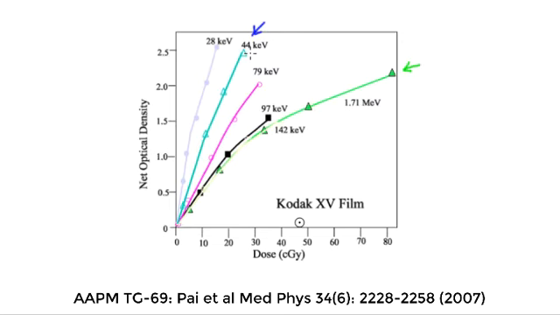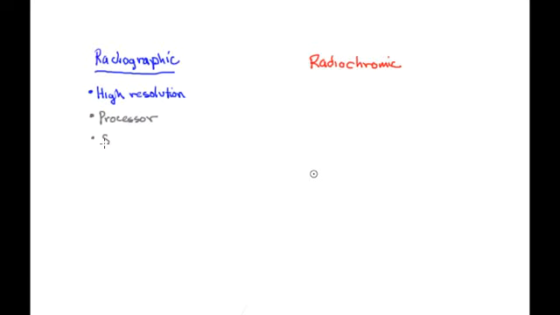Two is that if the spectrum of a beam changes in different locations, for example by field size or depth, then the response may be different in a single film. So you really need to be aware of this. All right, so let me add to this list. You'll need a scanner to process radiographic film, and also there's this energy dependence that I talked about. So that's the list of issues around that.